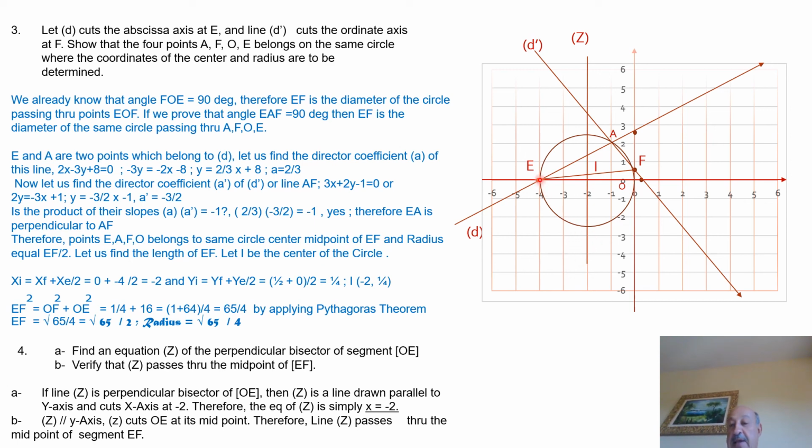In triangle EOF, O is 90 degrees, and the line Z is parallel to the y-axis, meaning parallel to OF, and cuts EO at its midpoint. Therefore, it should cut EF at its midpoint. So line Z passes through the midpoint of EF, which is I.